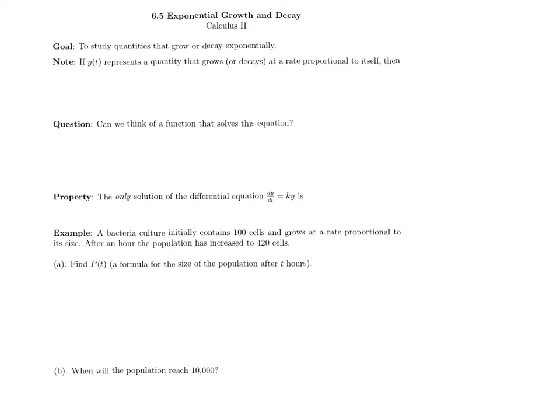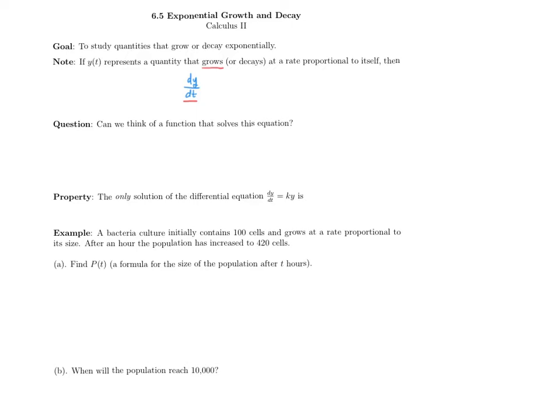And recall, from a calculus perspective, growth or decay of a quantity is represented by its derivative. So if we had the expression dy dt, that would be referencing the rate of growth or decay of that quantity represented by the function y.